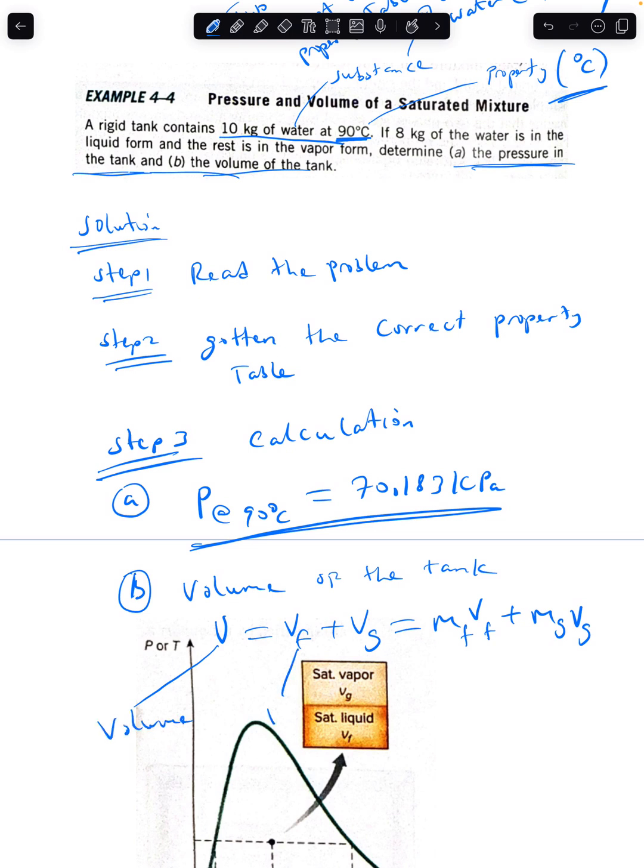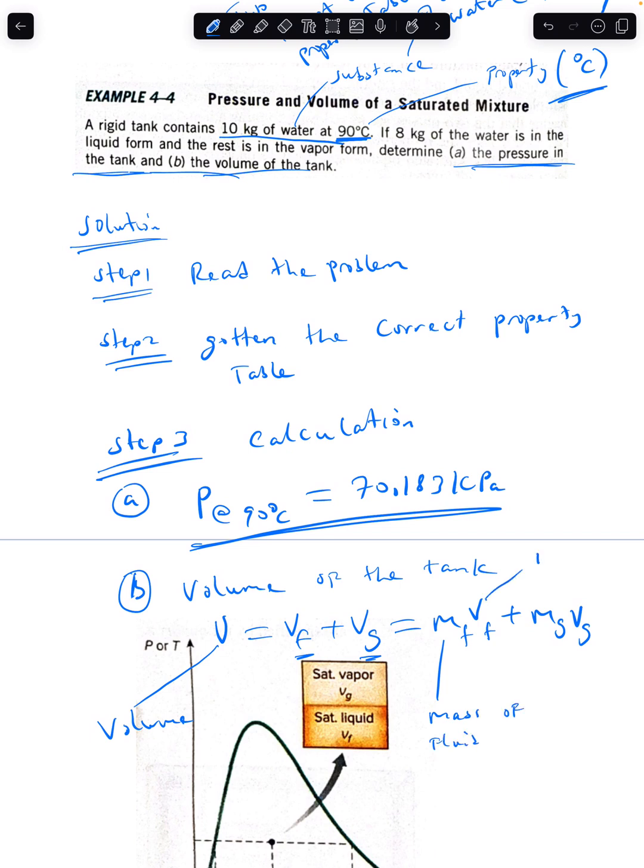This is the volume of fluid, volume of vapor, and this is the mass of fluid.